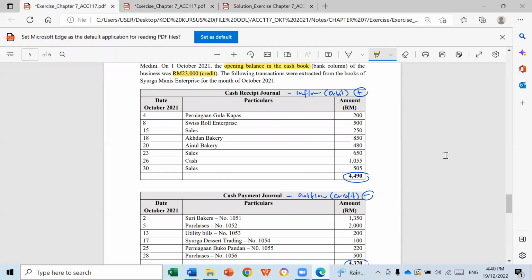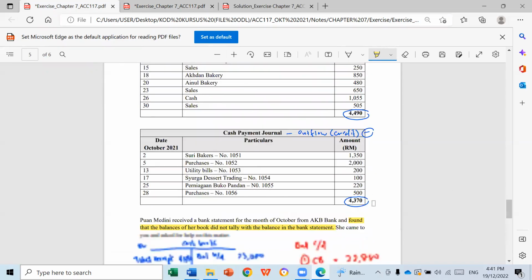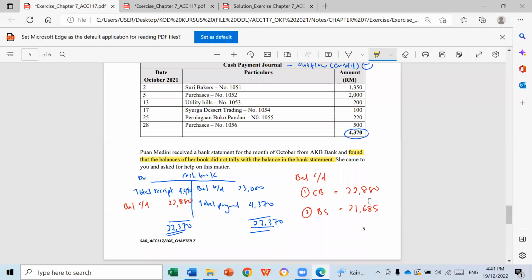Unfortunately, the opening balance in the cash book is not the same, because the opening balance should be on the debit side. Let me show you.